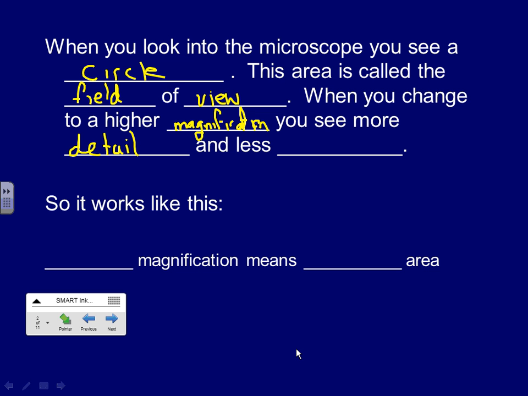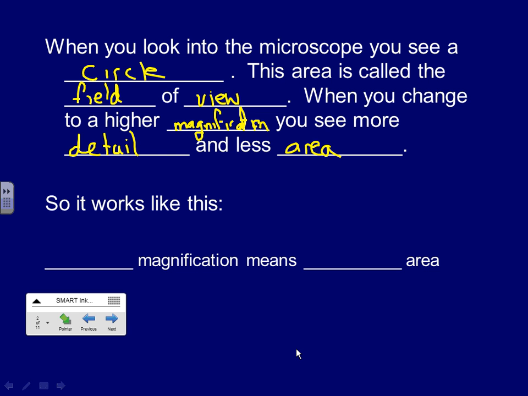But you lose this. What do we see less of? Yep. Area. We see less area. Because we've zoomed in to a particular location. So you see more detail, but less area. Excellent. So it works like this. Blank magnification means blank area. What would you like to put in there?